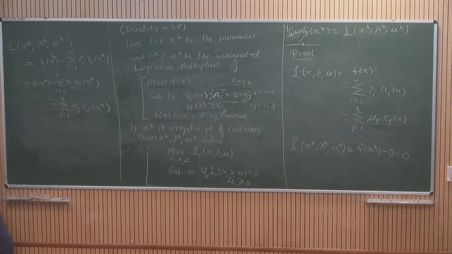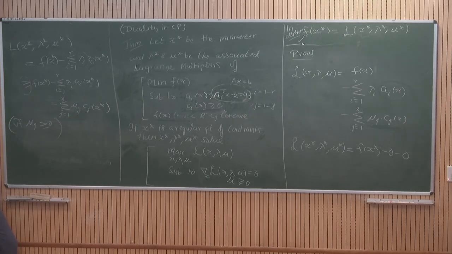Can I write this by adding this term? Why? Because mu_j is greater than 0 from the condition which we are trying to enforce, and so if mu_j is greater than or equal to 0, then I can write this, because c_j(x star) is anyway greater than or equal to 0.